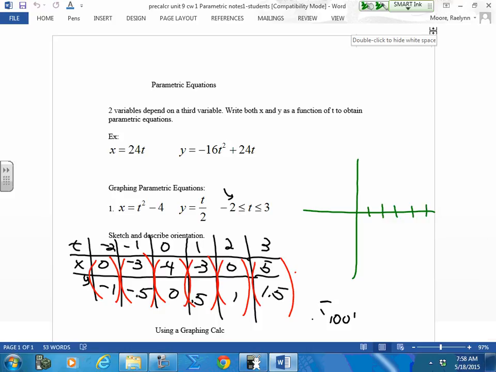I'm just going to put tick marks in here right now so you can kind of see them. At the 0, this is where we started. At the 0, we were -1. At the -3, we were -0.5. At the -4, we were 0.